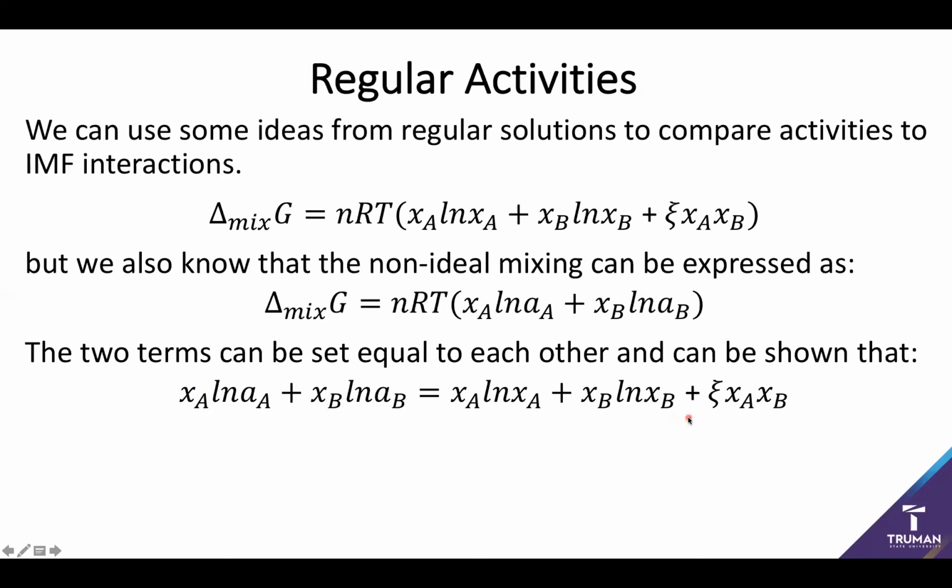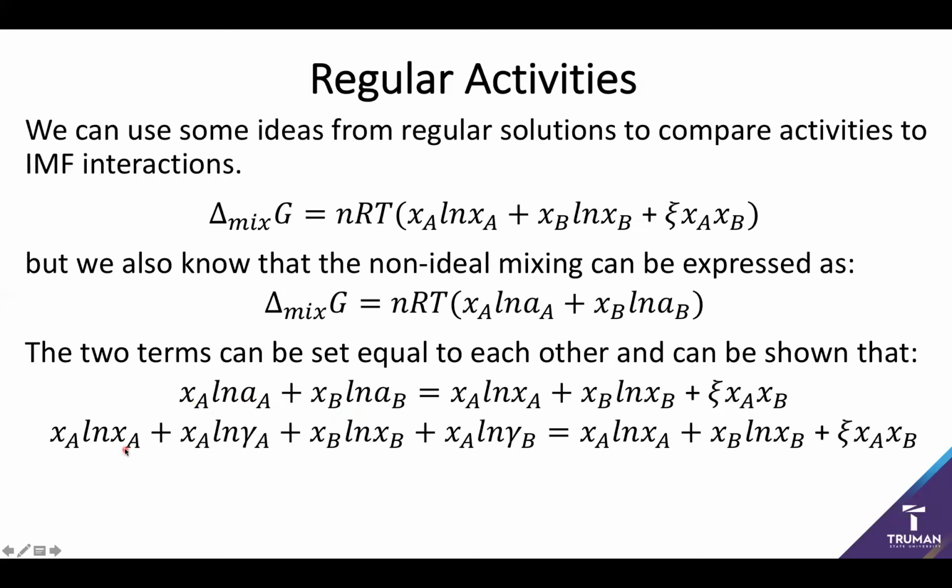When we do this, we can give a little more information about the activity. We're going to turn these activity numbers into a combination of the mole fraction plus the activity coefficient, just like we did earlier. And we can do this for both A and B.